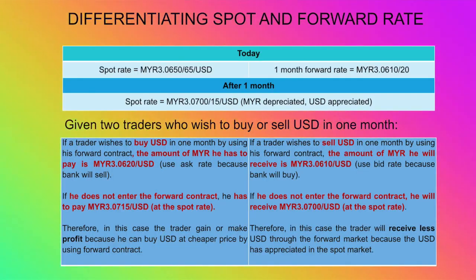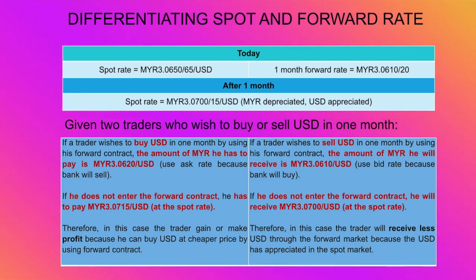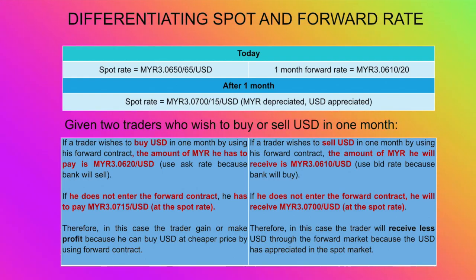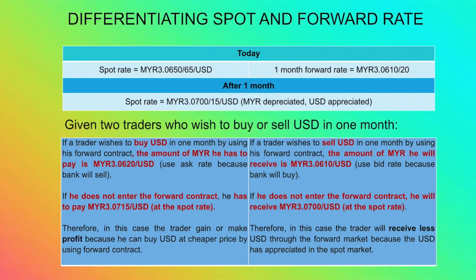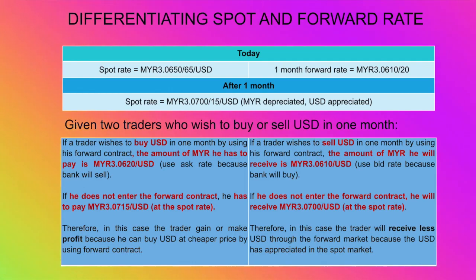Okay, this is the difference between spot rate and forward rate. Today, the spot rate is Malaysia Ringgit 3.065065 per US dollar, and the 1 month forward rate is 3.061020.